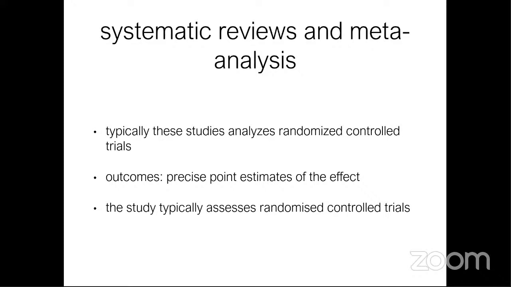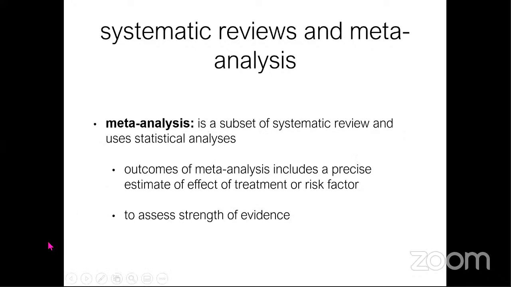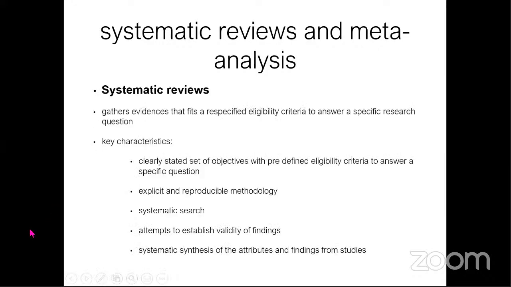The study typically assesses the previous trials done before. So meta-analysis is a subset of your systematic review and uses statistical analysis. Outcomes include a precise estimate of effect of treatment or risk factor, and this is done to assess the strength of evidence.